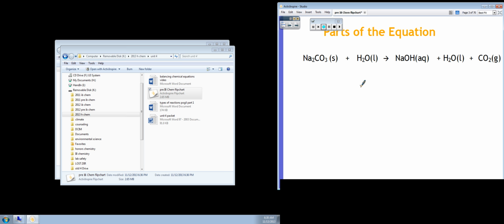Parts of the equation. You have two main parts of any chemical equation. On the left, you will have the reactants. Reactants are those chemicals that react together to produce new substances. On the right will be your products.